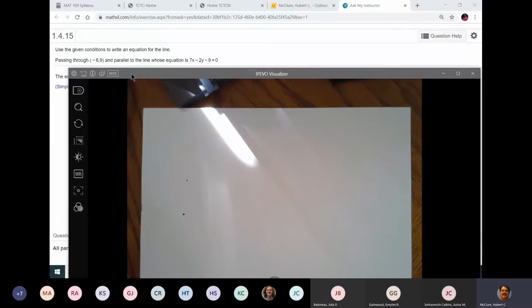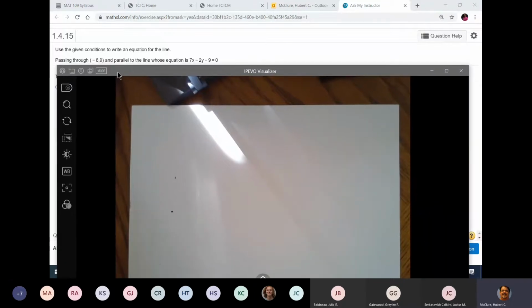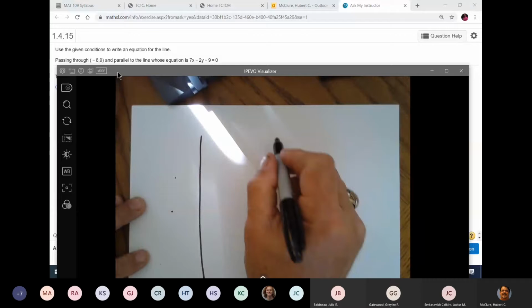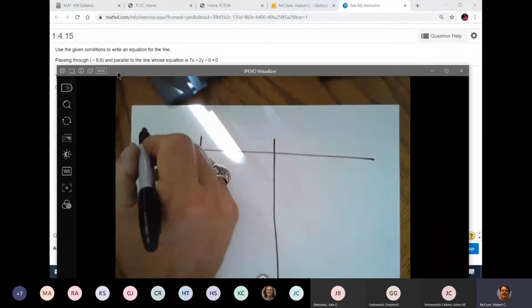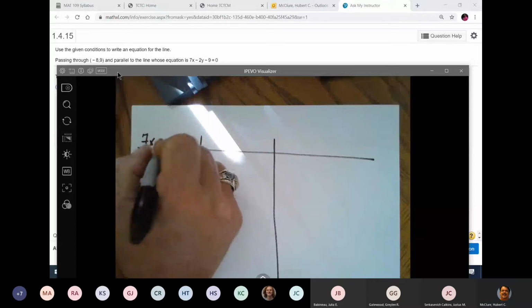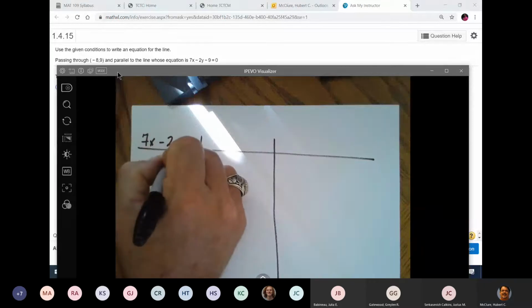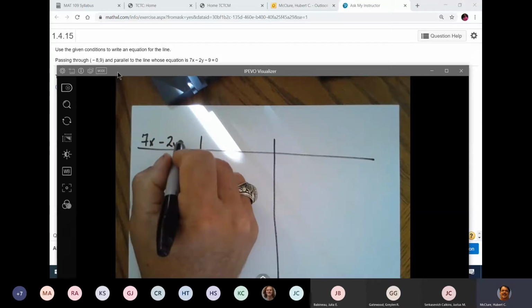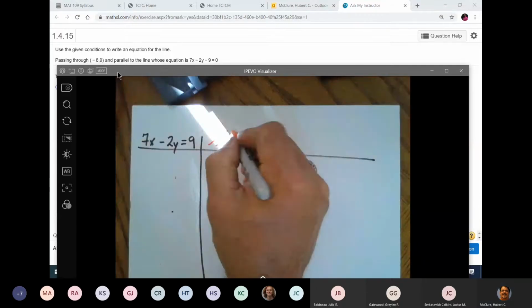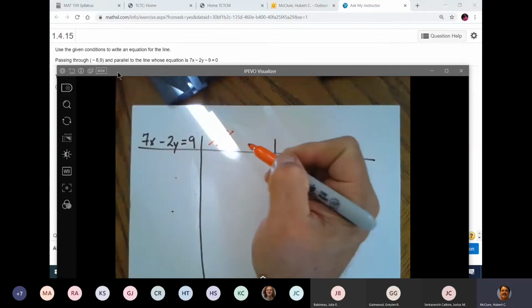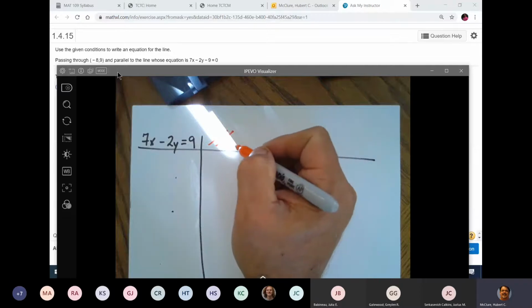So this question says that our line is 7x minus 2y is equal to 9. And we're going to have a parallel line. This is orange, and I got a ray of light coming through.